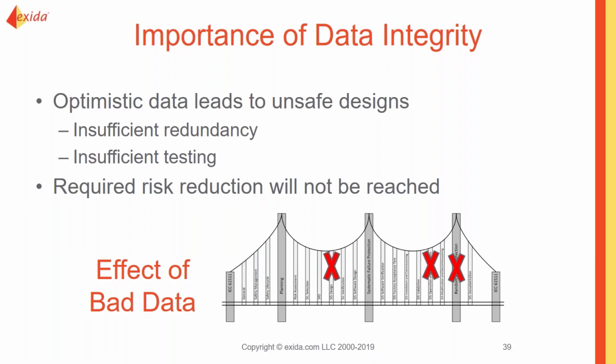So if you cherry pick which portions of functional safety you're going to use, it's just like this bridge. You might not be taking out the main support, but taking out enough little ones, it's going to collapse the bridge as well.